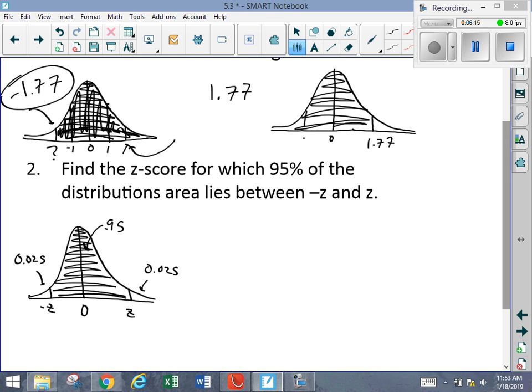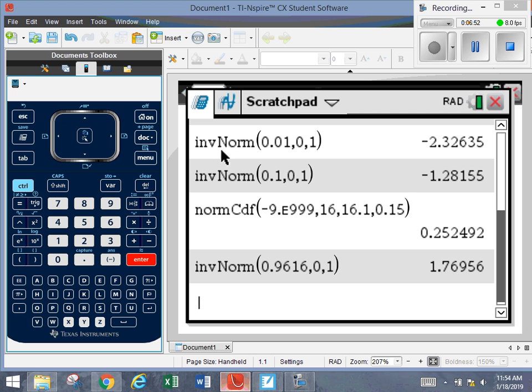What I'm going to do in my calculator is find the z-score that corresponds to an area below my z that is 0.025. I'm going to do it with the calculator, and then I'm also going to do it with the table, just to show you how to do that.